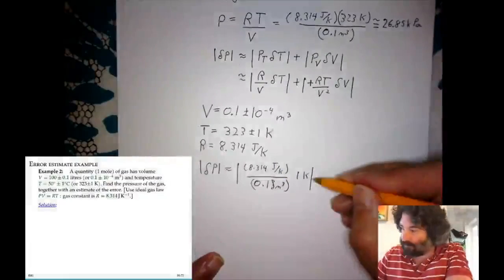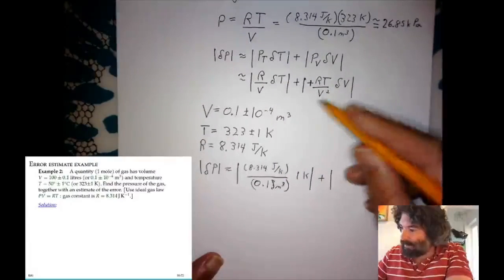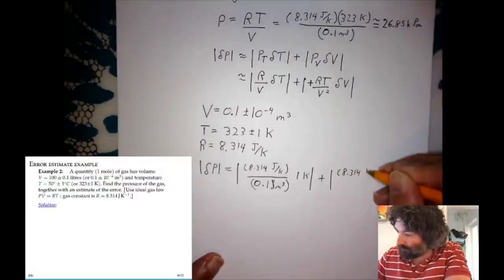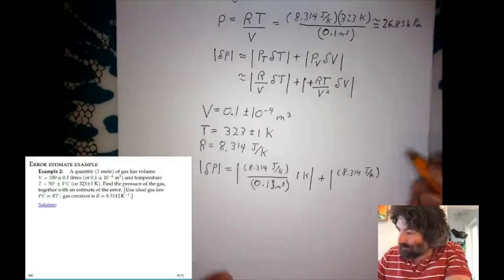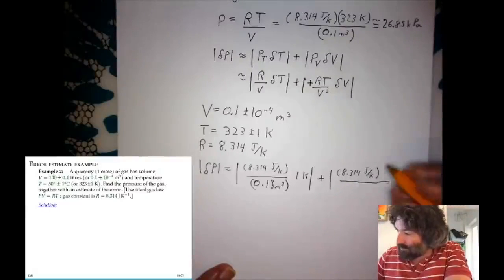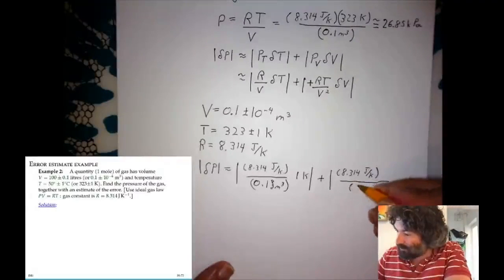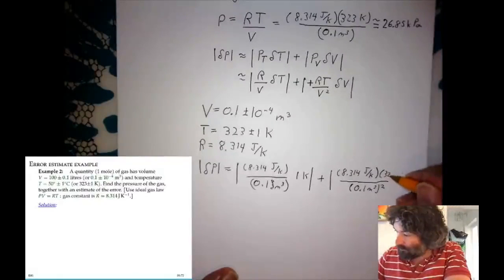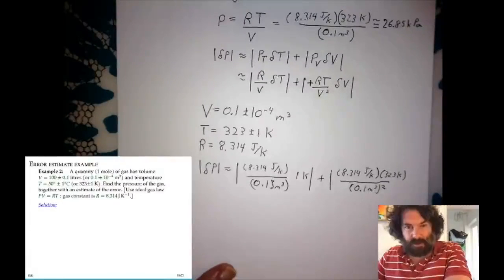That's this term, plus another term right in here: the constant R, divided by V squared, which is 0.1 cubic meters squared, times T, 323 Kelvin, times the error in the volume.